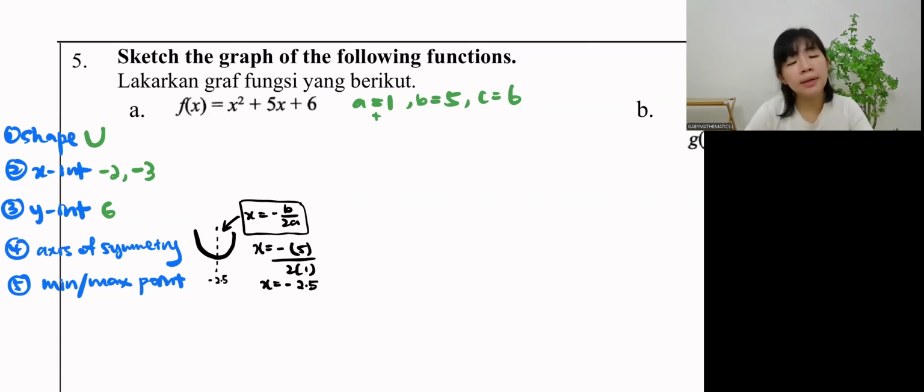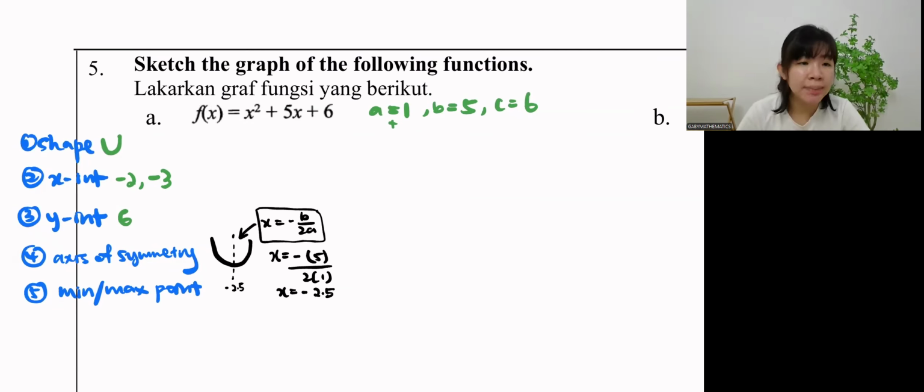Last one. Can you tell me, is this question a maximum or minimum point? Because we have a happy face, we get a lowest point here. The lowest point is called the minimum point. So what is the coordinate of the minimum point? The x in the middle we found is -2.5, so the x coordinate is straight away -2.5. How about y?